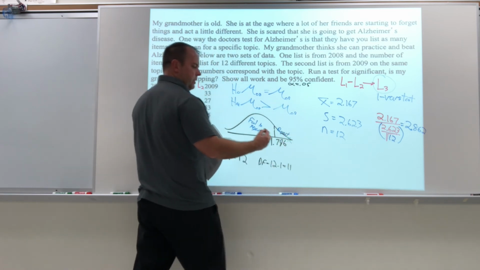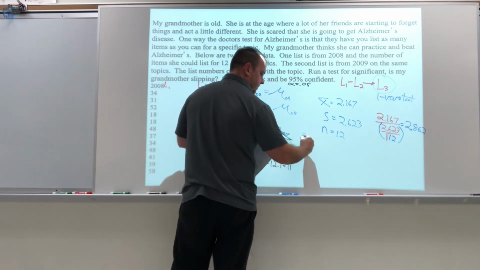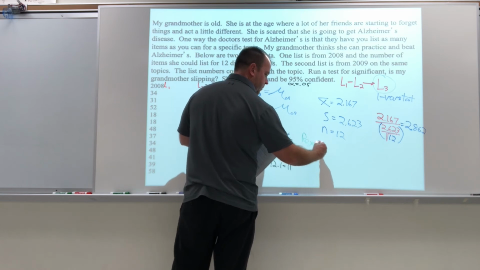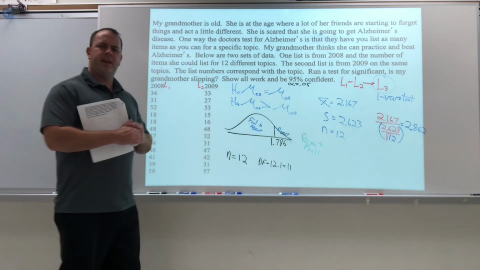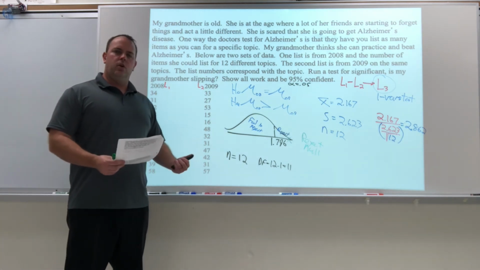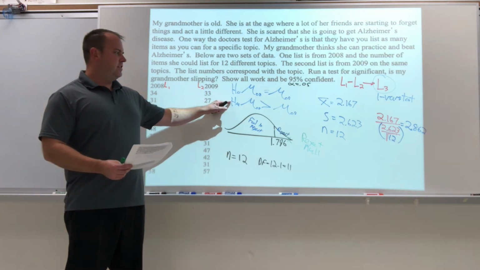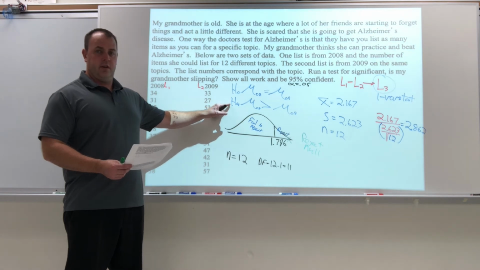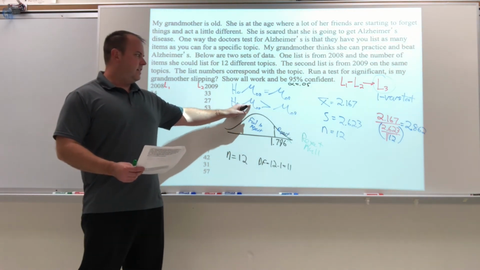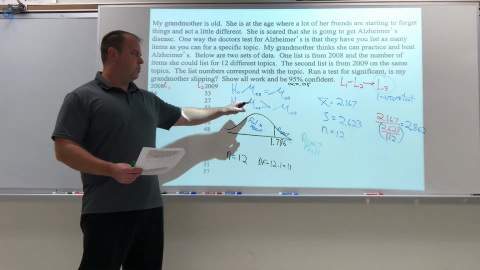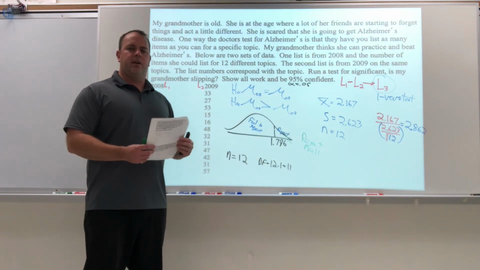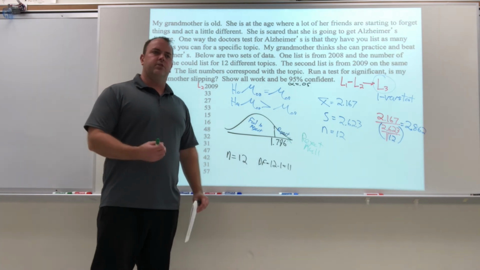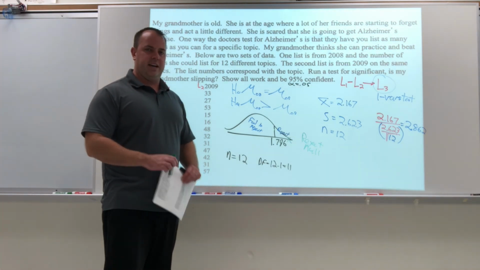So we are going to reject the null. Okay, so think about what that means. Rejecting the null means that there is evidence to support the alternative. There's evidence to say that in 2008, the average was higher than 2009. In 2008, my grandmother, on average, could list more items than she could in 2009.